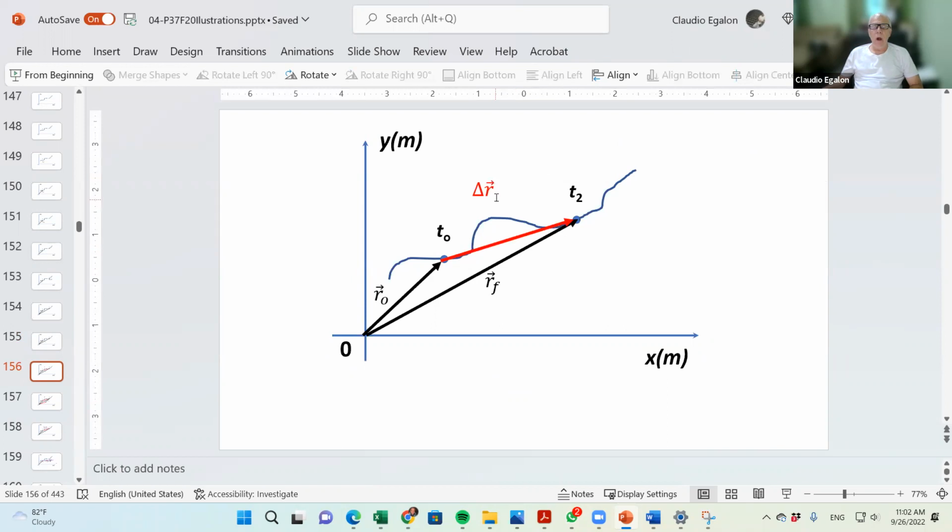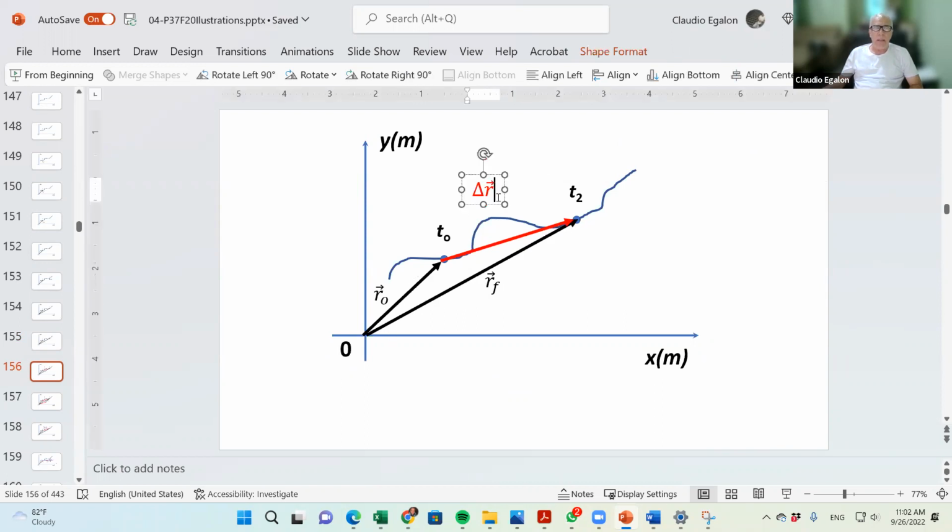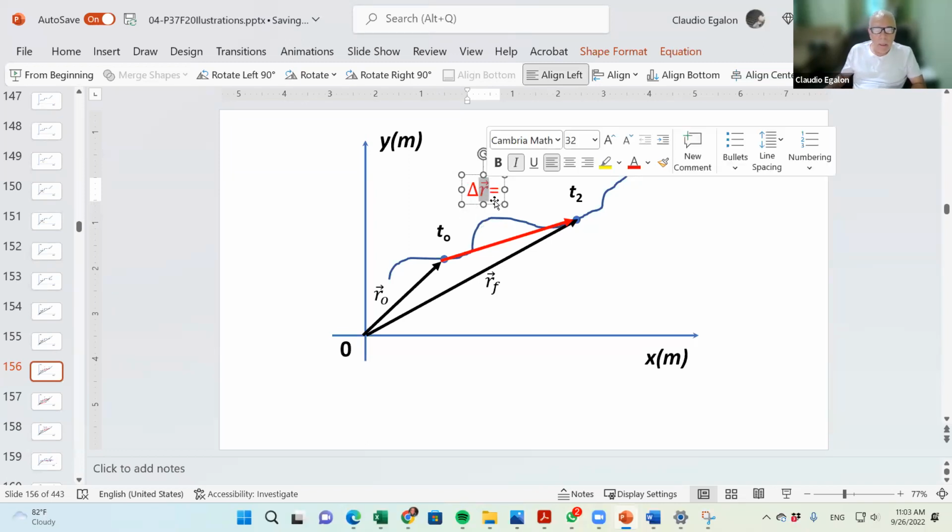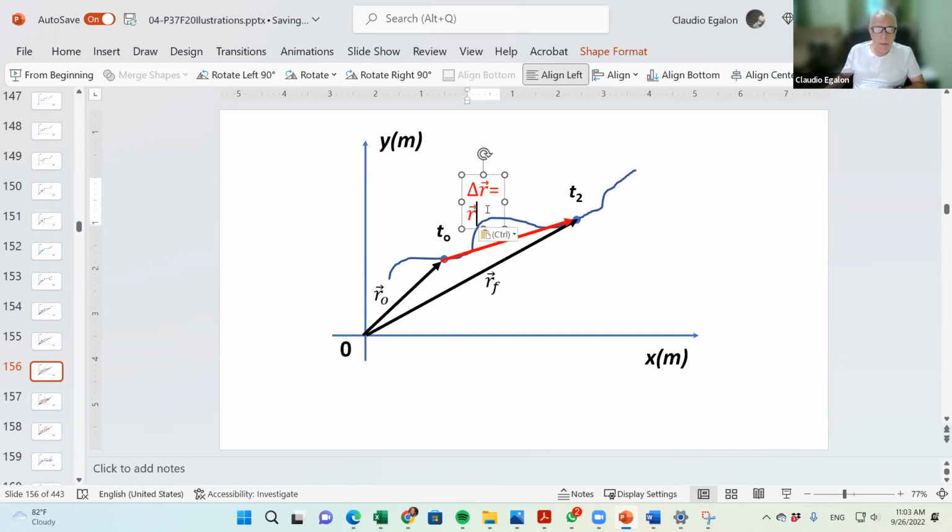Recall that here it is RF minus R naught. So if you sum R naught with delta R, you are definitely going to get RF. It doesn't let me do that. Too bad. I'll have to copy from elsewhere. I'll leave it this way.